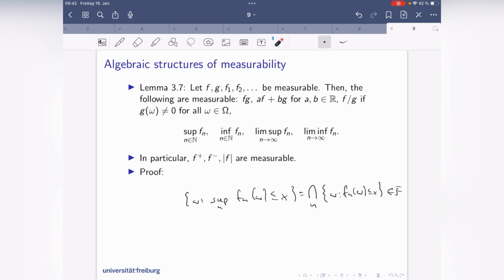So I'm done with the whole thing. Sorry, so that was the proof here of the second part. The proof of the first part I almost forgot.